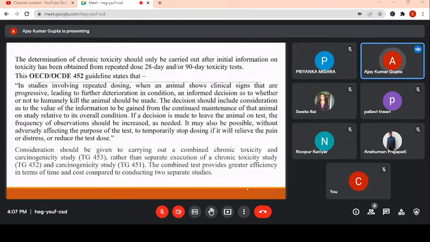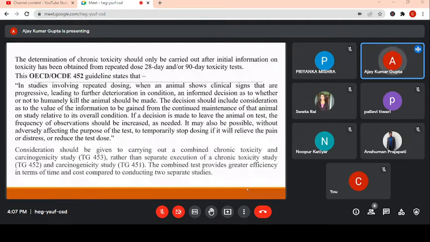In studies involving repeated dosing, when an animal shows clinical signs that are progressive, leading to further deterioration in condition, an informed decision as to whether or not to humanely kill that animal should be made, with consideration as to the value of the information to be gained from the maintained condition.